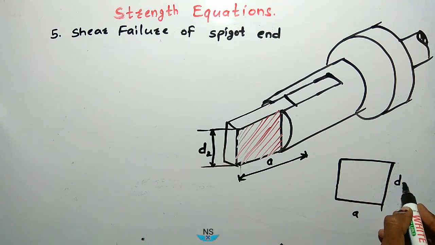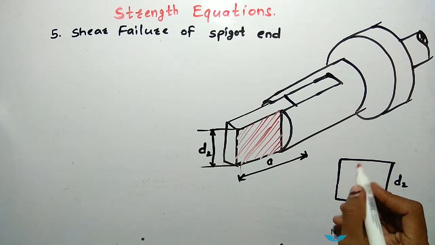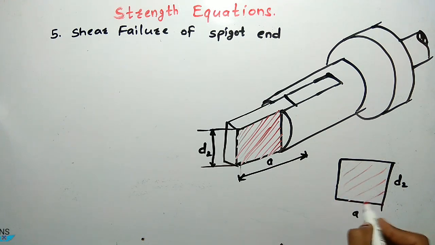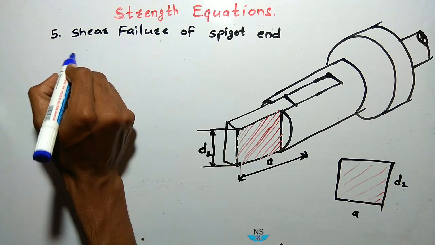So this is A, this is D2 and this is the failure area, and this is shear failure.